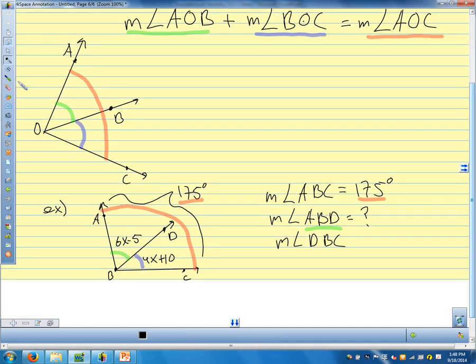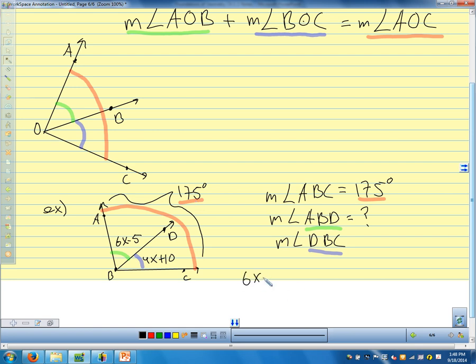So what does the angle addition postulate tell us we should do here? Oops, I forgot to mark my blue. You actually add the two pieces together. We add the two pieces together, these two things, and they have to equal 175 degrees. Perfect. Add the two small pieces, they equal a big piece.